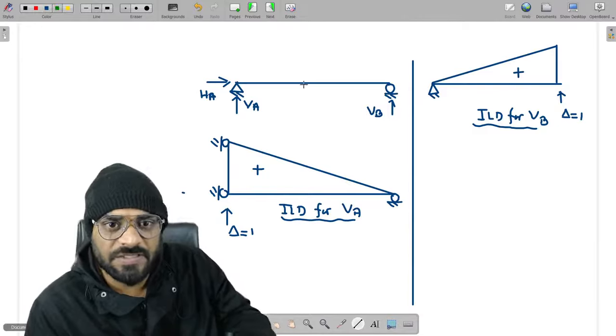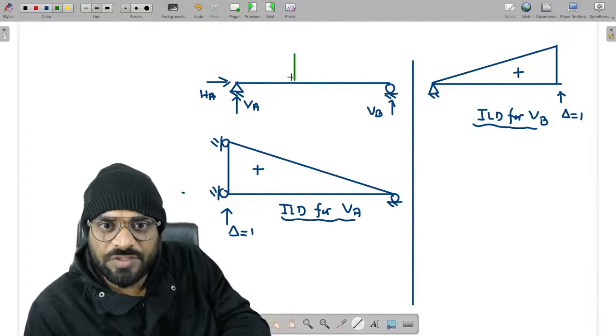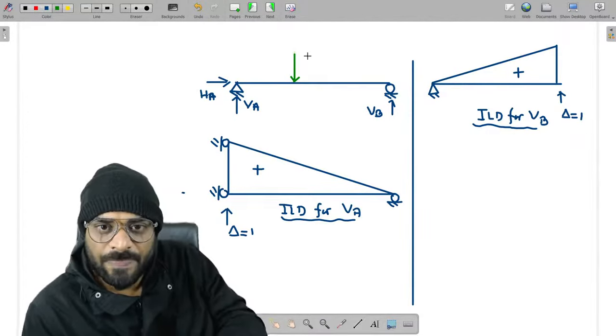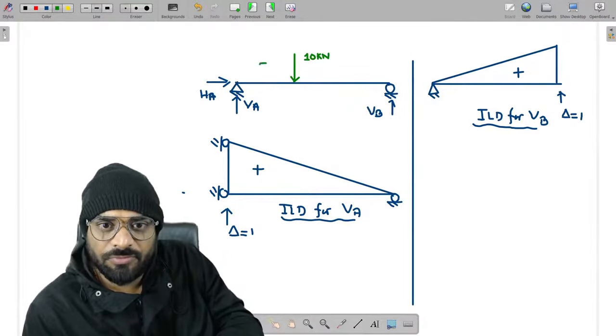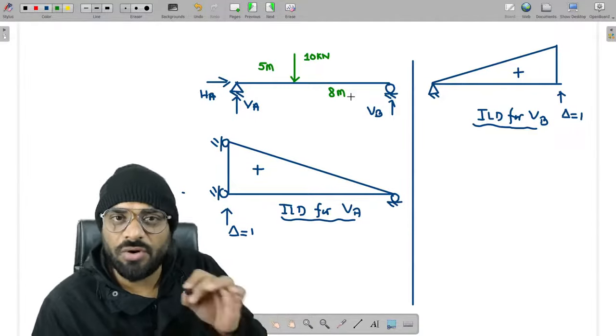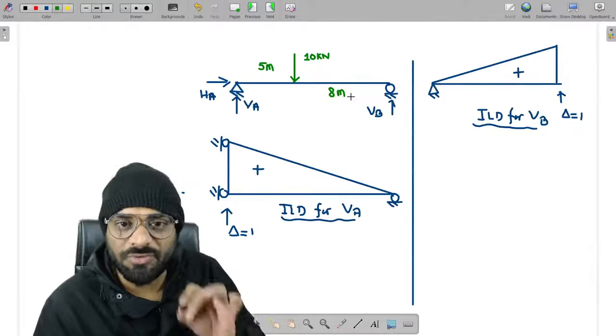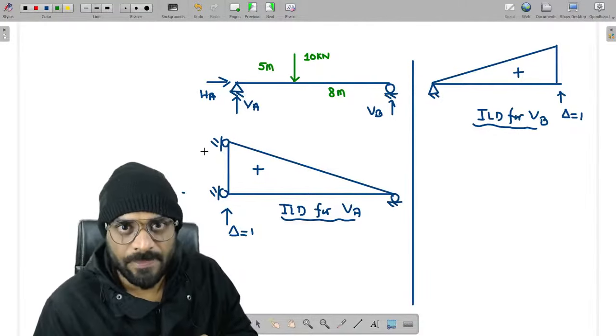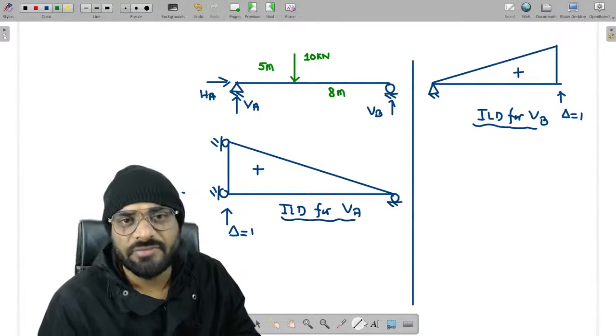Let us suppose, guys, you have a load which is placed at a distance of 5 meter from this particular end, and it is 8 meter from this end. Now I want to calculate the value of reaction VA. How can we calculate it? Very simple.